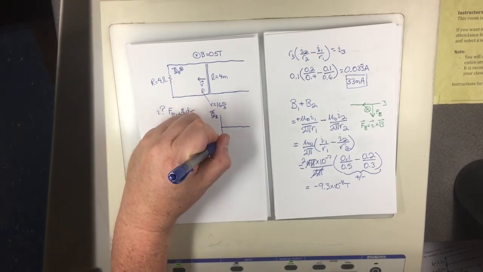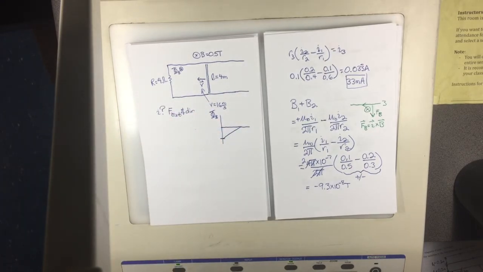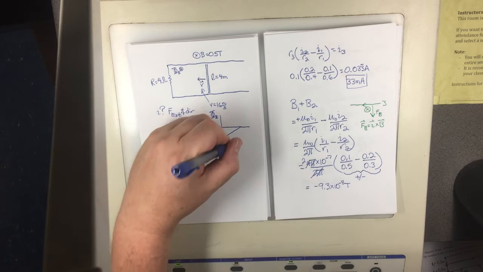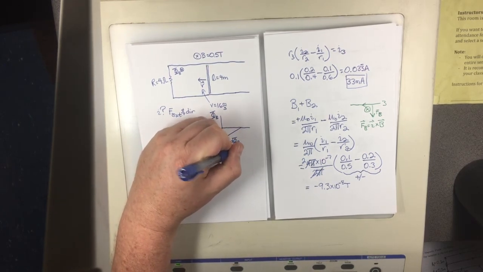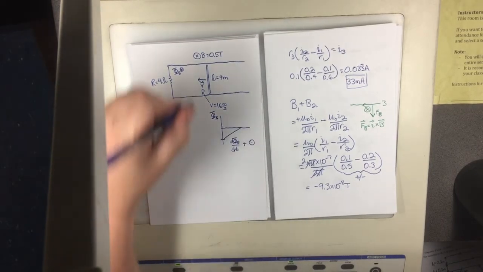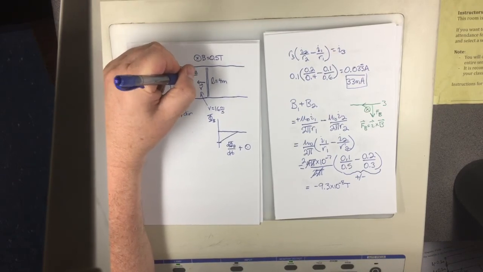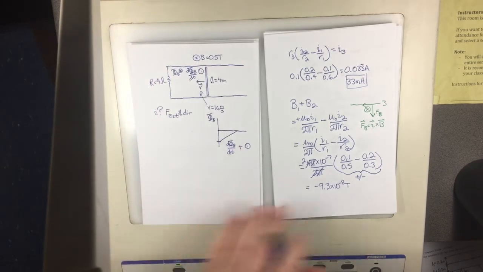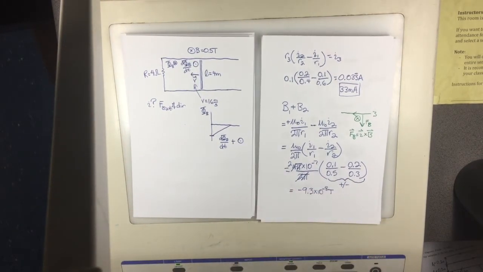So if we were to plot the flux, it would look like that until it reached 0 when the area was 0. Which means that d phi B dt is positive, or we would say out of the page.